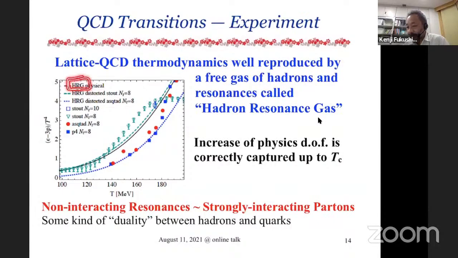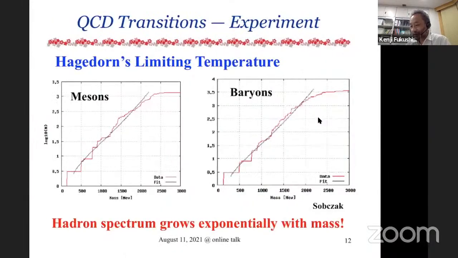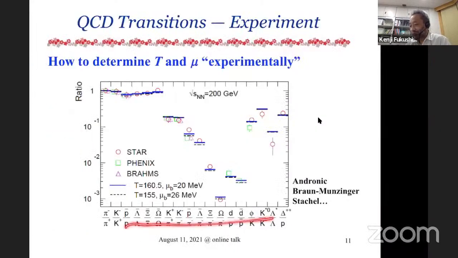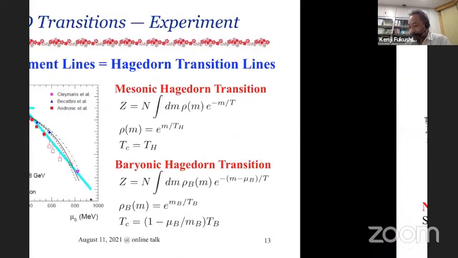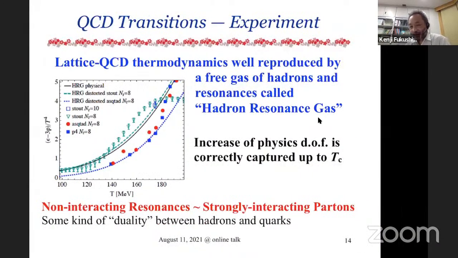This Hadron resonance gas means that you just assume such a non-interacting gas of hadrons. But many hadrons, like the exponentially growing thousands of hadrons, mesons, and baryons. And if you assume such a gas of non-interacting many species of hadrons, then you can reproduce the thermodynamic behavior.